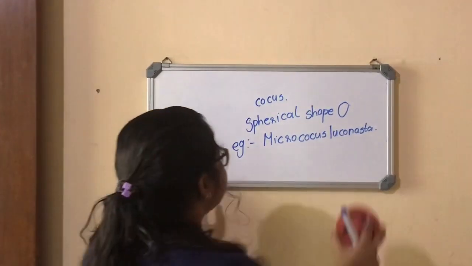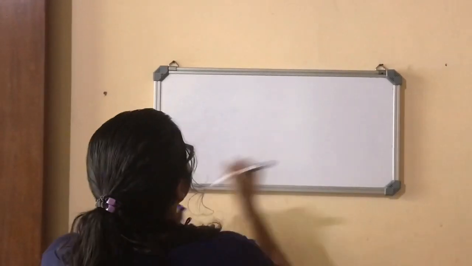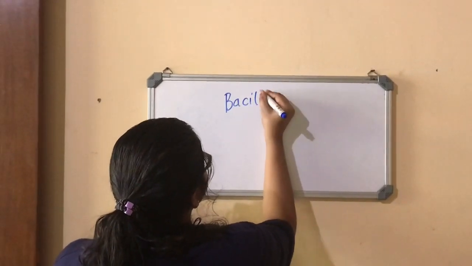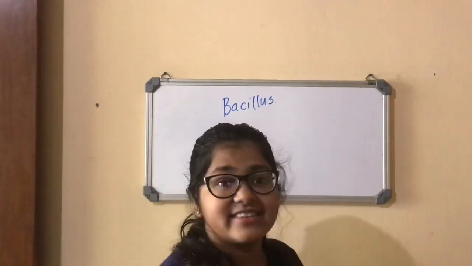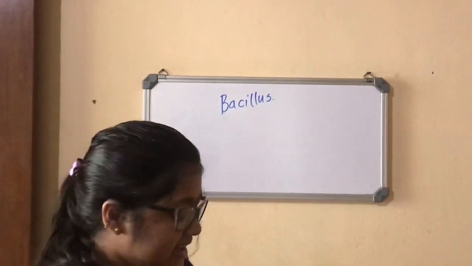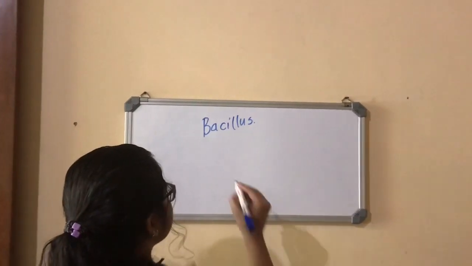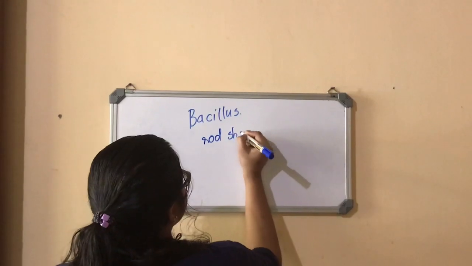And next comes the bacillus. What about bacillus? Bacillus is a rod-shaped bacteria, and the best example of bacillus is lactobacillus.